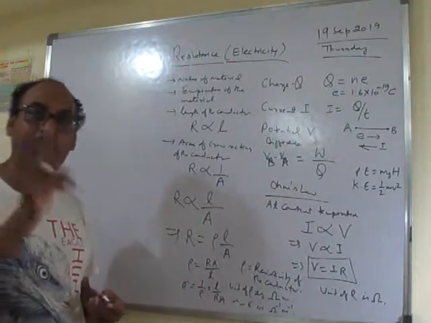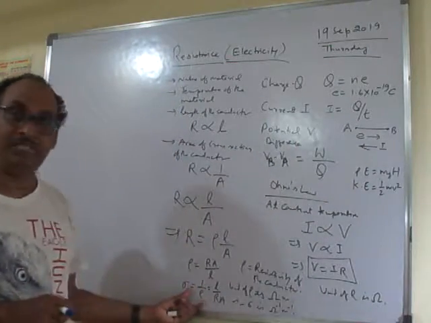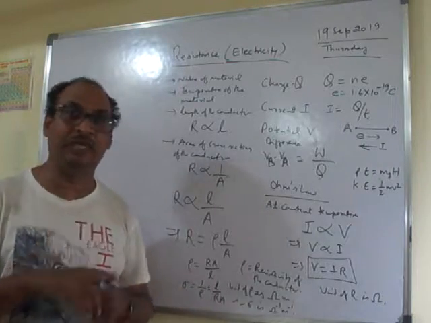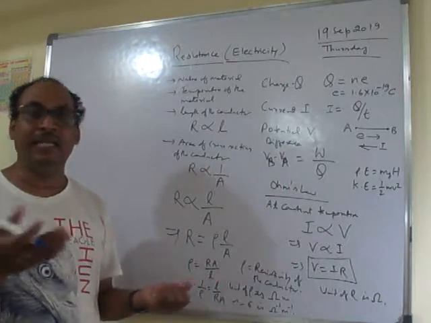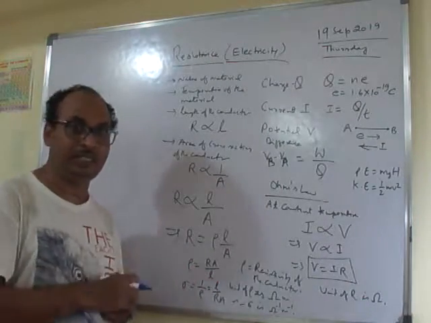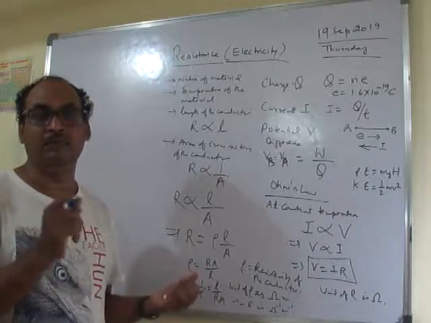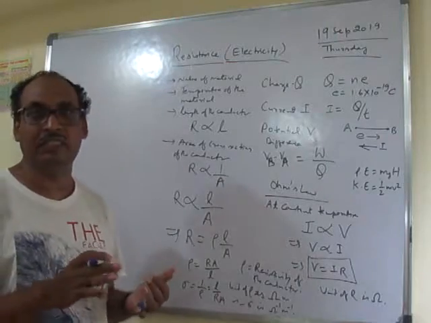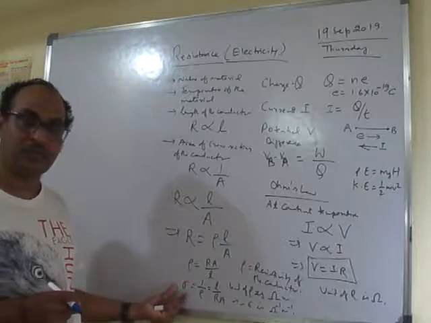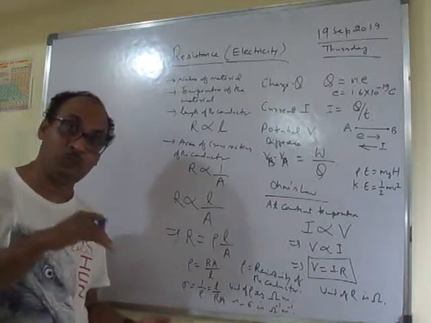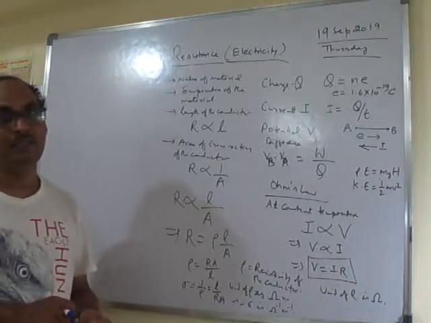We discussed resistivity, and on the basis of high or low resistivity values, the material can be categorized as conductor or insulator. If it has very high resistivity, it is an insulator. If it has medium or very low resistivity, it is a conductor. Then we discussed conductivity, the reciprocal of resistivity, and the units, which have to be remembered.